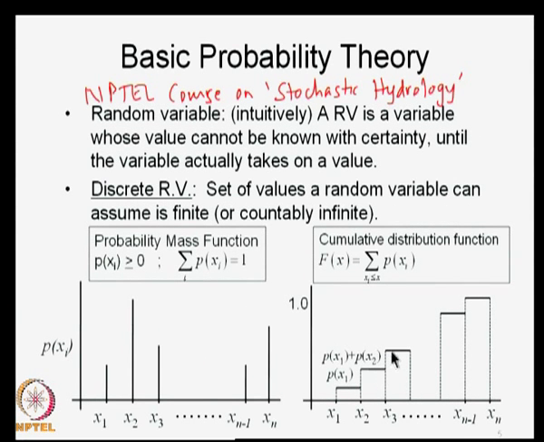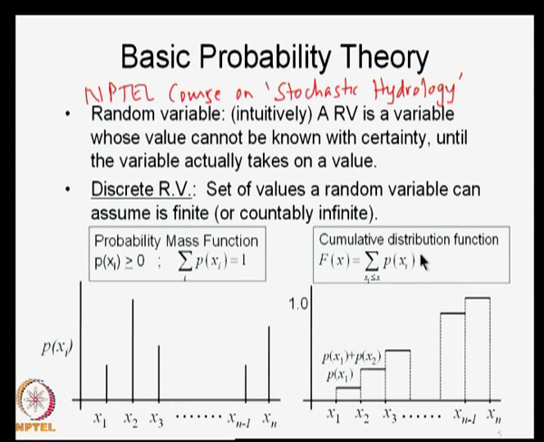So, this is a cumulative probability. Similarly, this value will give probability of x1 plus probability of x2 plus probability of x3, and so on, up to probability of xn, and the last value that you get here in the case of discrete distributions will be equal to 1.